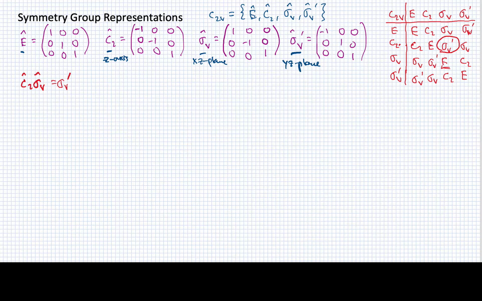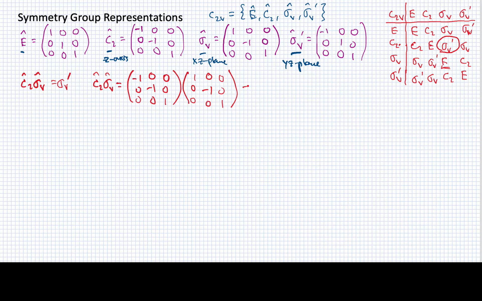Well, the C2 matrix is -1, 0, 0, 0, -1, 0, 0, 0, 1, and for sigma V it's 1, 0, 0, 0, -1, 0, 0, 0, 1. Since these are both diagonal, I can do something easier than normal matrix multiplication.